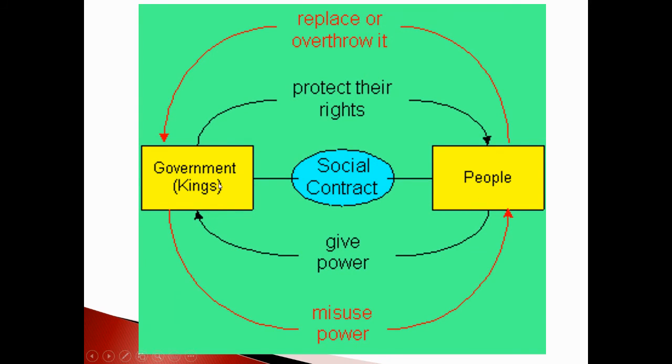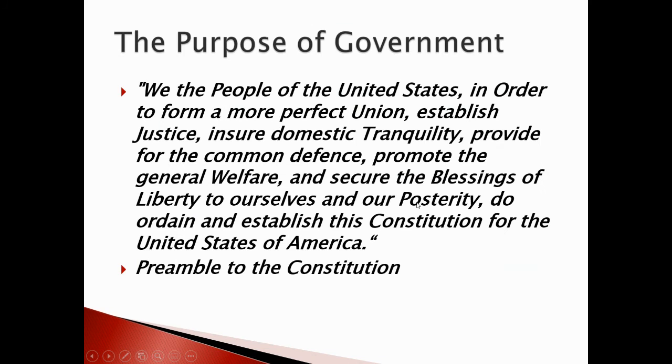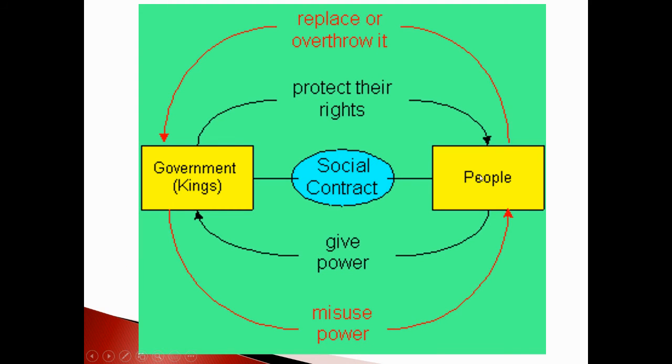Now, if the government misuses their power and oppresses the people, then the social contract says the people have the right to replace or overthrow the government. And so, as long as we give away our liberty, we get our rights protected. If the government misuses it, then we have the right to replace or overthrow the government.